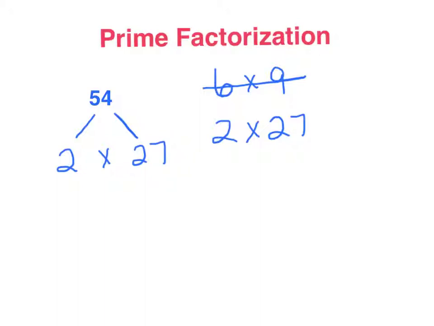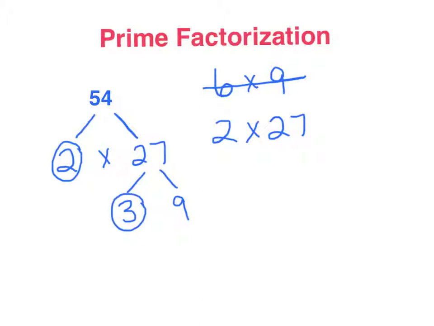Now, if we do this, we look at the end of this first branch, and we already have a prime number, 2. So we're going to go ahead and circle that. We look at the next one. 27 is not prime. 27 has factors of 3 and 9. Since the 3 is a prime number, we can go ahead and circle it.